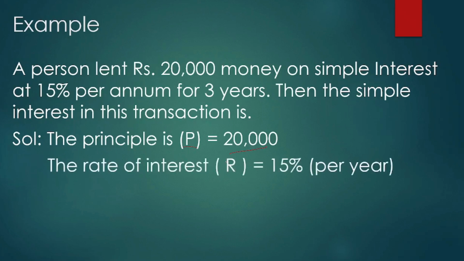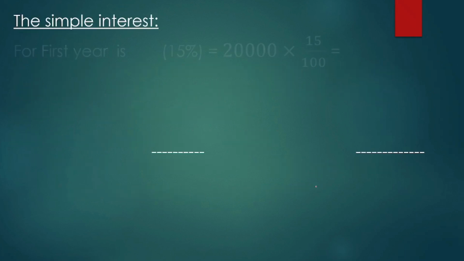The rate of interest is specified as 15%, that is, for each 100 we have to pay 15 rupees per 1 year. The time period is 3 years. So we have to pay the simple interest for 3 years.